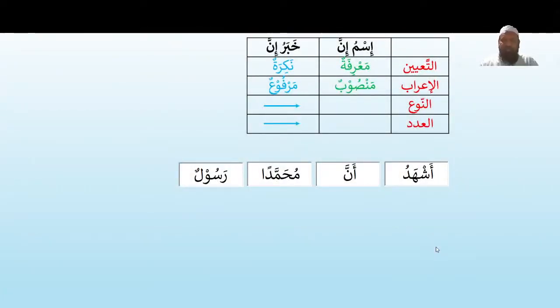So this is the example of anna. Anna must have a word before it. Normally it is a fail. Ashhadu anna. Anna will do its amal, whatever it needs to do. It takes the ismu anna to mansub, and khabaru anna remains the same, marfu. So ashhadu anna Muhammadan Rasulun. I bear witness that Muhammad, or indeed Muhammad sallallahu alaihi wasallam, is a messenger.